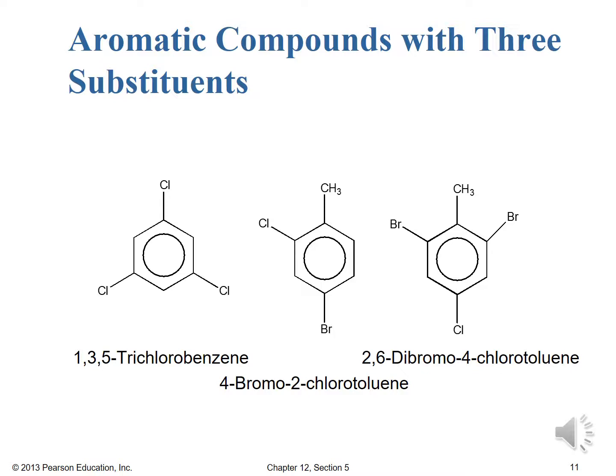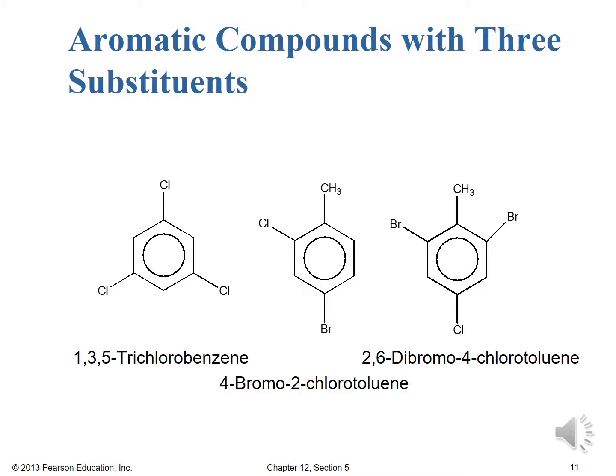So of course we go alphabetical, although the methyl group is the most important. That's what makes it toluene. So we have to decide which way we number. And of course the rule is we number around the ring so that we get the lowest overall sum of the substituents. Going clockwise, the bromo group would be in the 4 position, but that would make chloro in the 6th position.